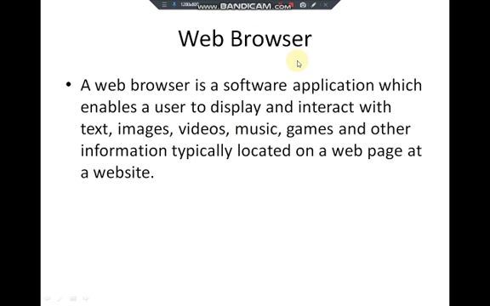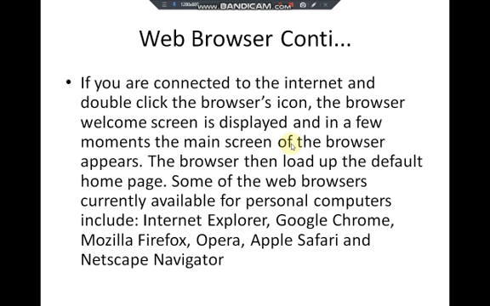So now the term website. What do you mean by website? Okay, website is a collection of information. This information is stored on pages. These pages are known as web pages. So website is a collection of web pages. A web page is a document typically written in HTML. Okay, HTML is hypertext markup language. It is used to design the web pages. So typically written in HTML, that is accessible via HTTP.